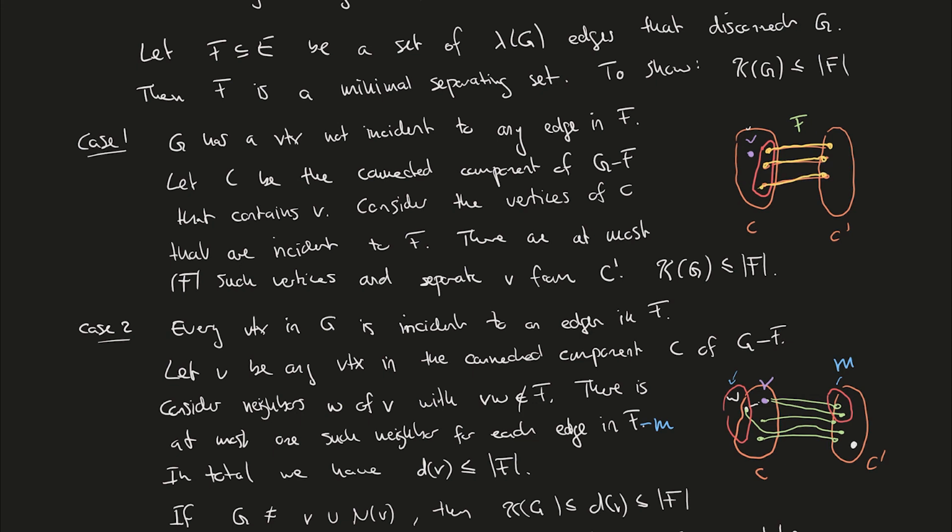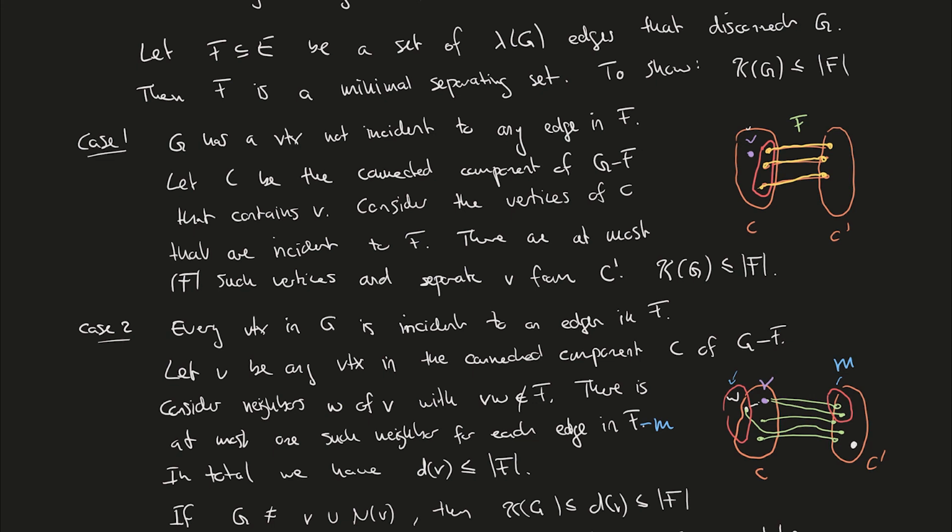And we then saw that the vertices that are incident to an edge in the separating set and belong to C also separate the vertex V from the component C prime.